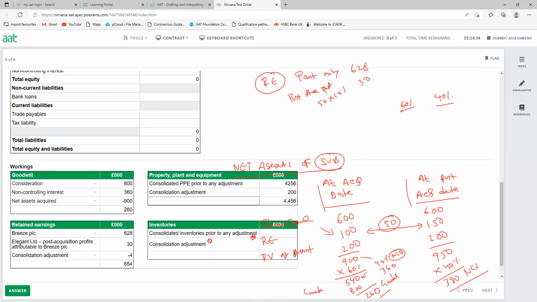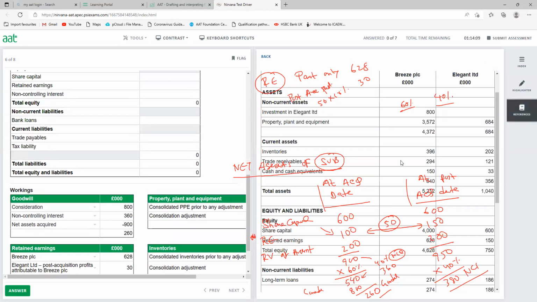The next one we have here is our inventories. So we need to look at how much the inventories are. And after the inventories, we need to minus the provision for unrealized profit as well.